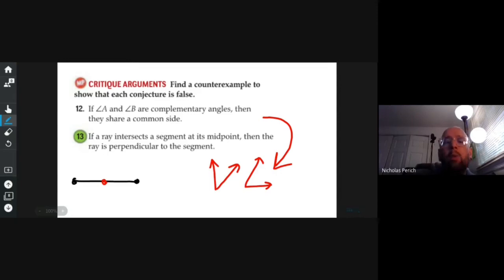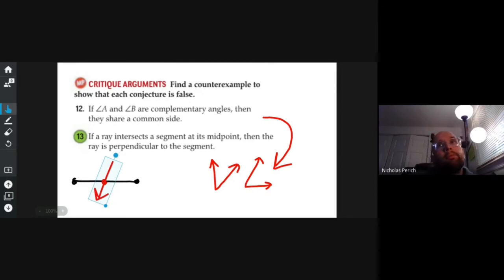How can I draw a red line that goes through that red dot so that it will not create 4 90-degree angles? I guess I have to draw a line this way, huh? That's the only way I can do it.